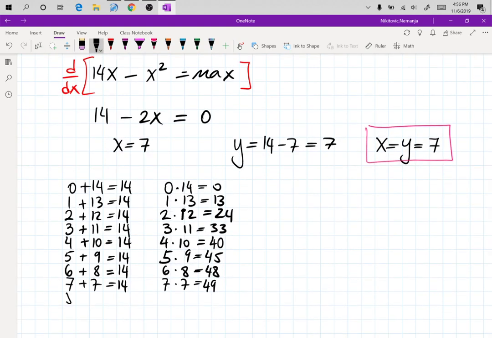As soon as you go 8 plus 6, to continue this pattern, 8 times 6, it's going to start dropping again, all the way down to 0. So just by running this calculation, because these numbers were small, we saw that we went all the way up in our product to 49, and then the product started dropping off. And if you continue the pattern, 9, 10, 11, and so on, it will drop down to 0, and it will reveal that obviously 7 and 7 would give us the largest product.